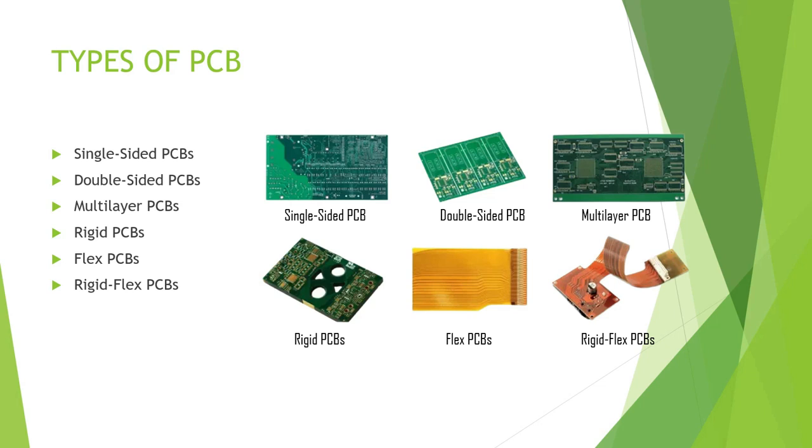In the double-sided PCB, the two sides are conductive and the inside layer is non-conductive, with copper on both sides of the board. In two layers, the top and bottom are connected through a via. It is relatively low cost.